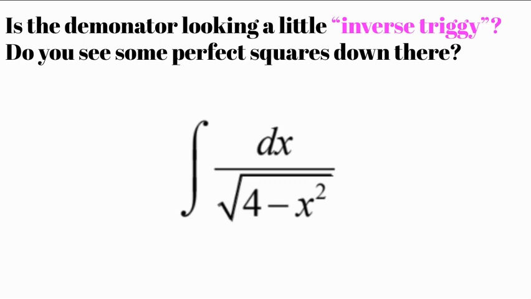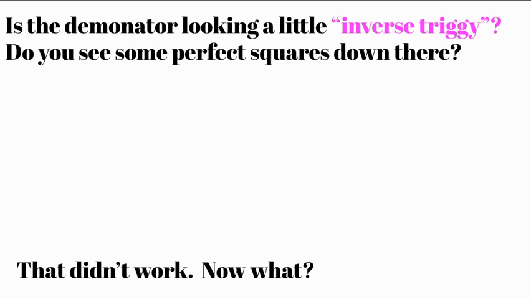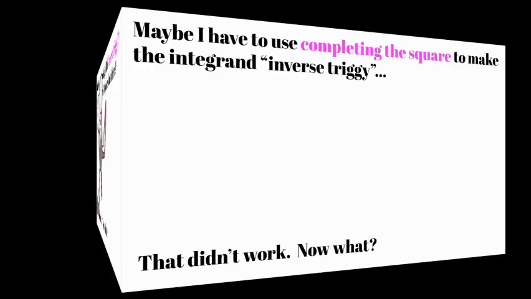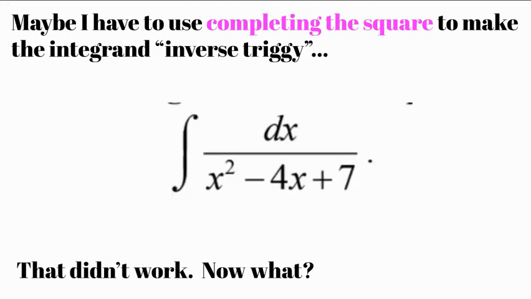Remember, you've been taught everything that could possibly pop up. So if it doesn't work, don't go down the rabbit hole. Try something else. Maybe you have to try completing the square to make the integrand look inverse triggy, like on one like this. Certainly letting u be the denominator is not my choice, but I go there first.